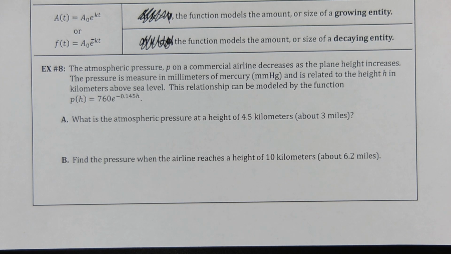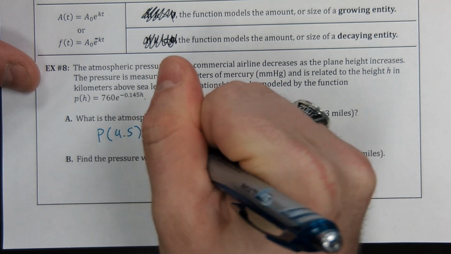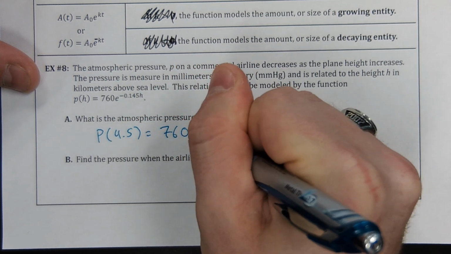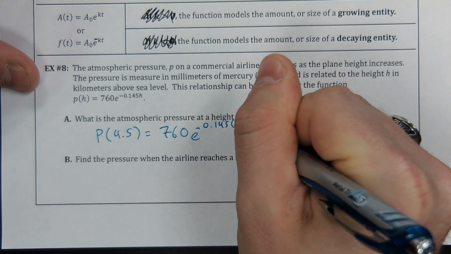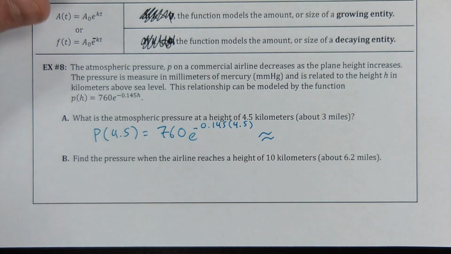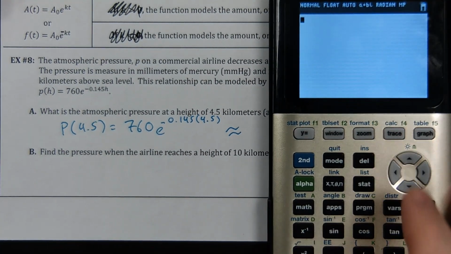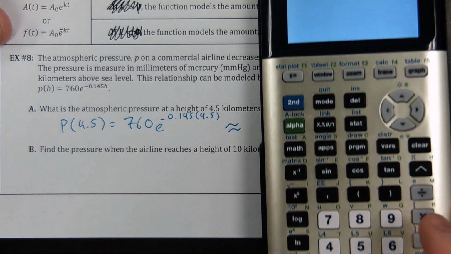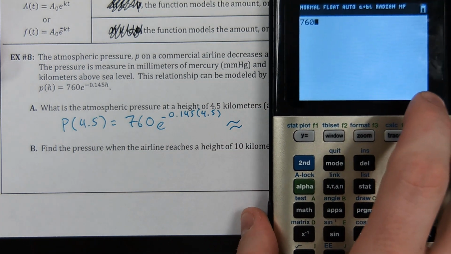We're just going to plug in 4.5 as h. So what is the pressure when our height is 4.5 kilometers? 760 e to the negative 0.145 times 4.5. Whatever that number is, we're going to round it to 3 decimals. In case you don't know where E is, it's hiding right here above the ln key, so you're going to have to use your second button, second ln.